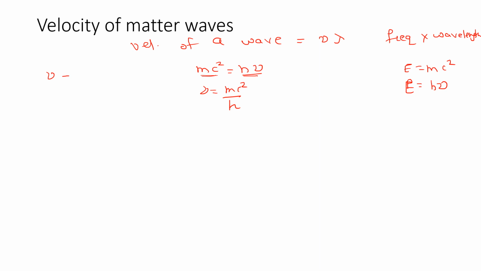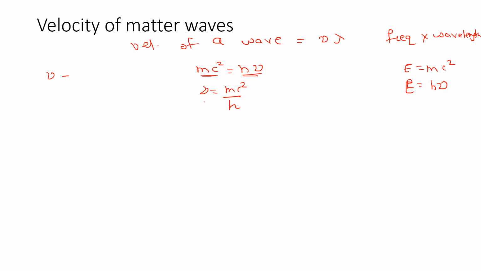So the photon of frequency mu will be equivalent to a particle of mass m. So mc square is equal to h mu, which will give us the frequency mu of a photon as mc square upon h.